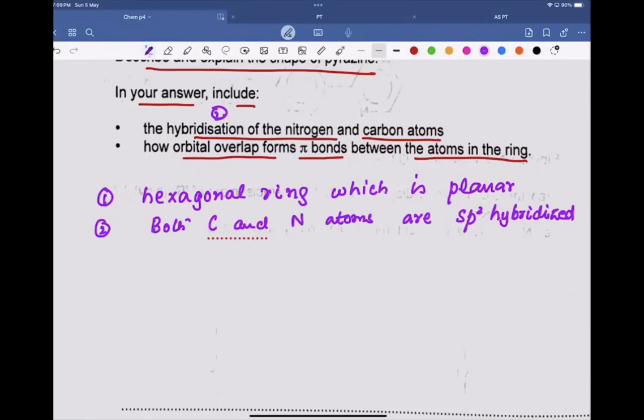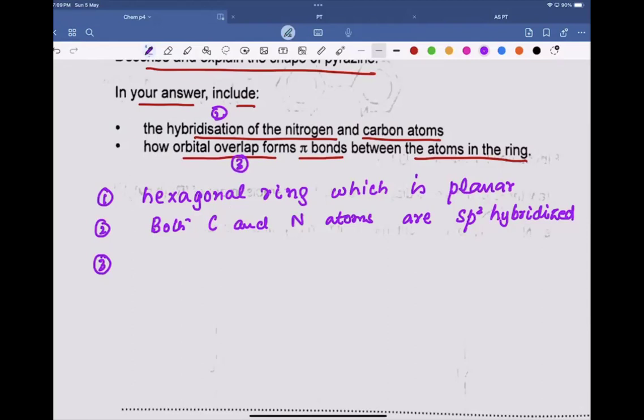Okay. Now, orbital overlapping forms pi bond. So, third thing, pi bonds always involve p orbitals, and they overlap in a sideways fashion, right?